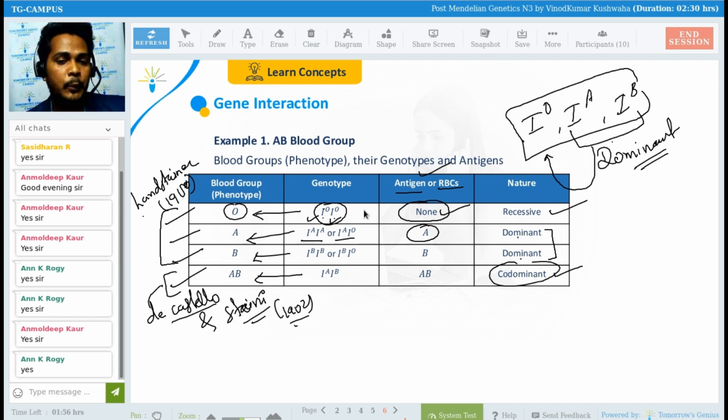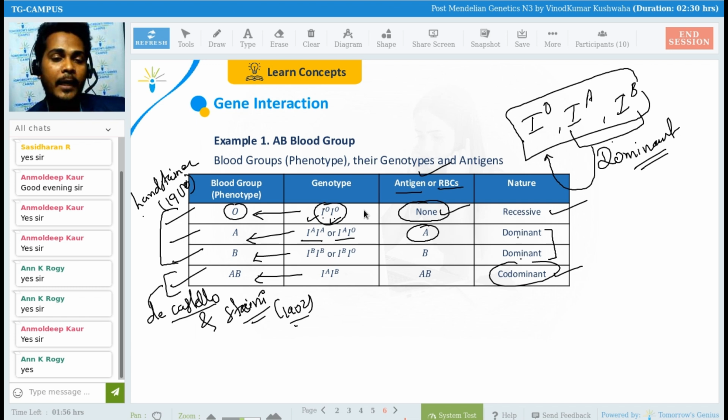Now here, the alleles for blood group A and blood group B are co-dominant, so when they come together in an individual, they produce blood group AB. It is characterized by the presence of both antigen A and antigen B on the surface of RBC. So it is decided by the surface of the RBC what kind of antigens are present. This is codominance: they express themselves separately.